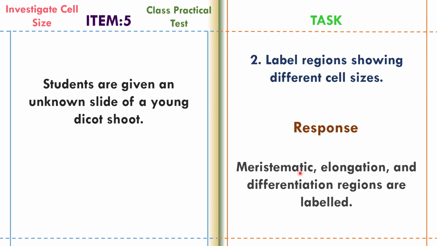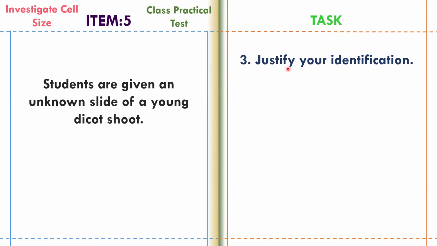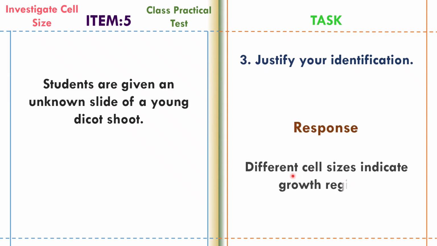Meristematic has the smallest cells, the elongation region has the largest and elongated cells, and the differentiation region has cells that are specialized and large. Justify your identification: different cell sizes indicate different growth regions.